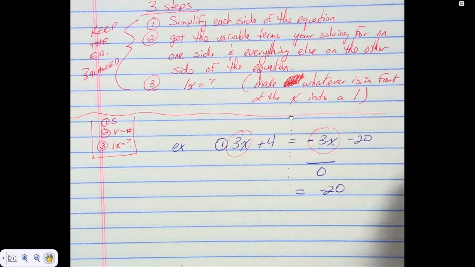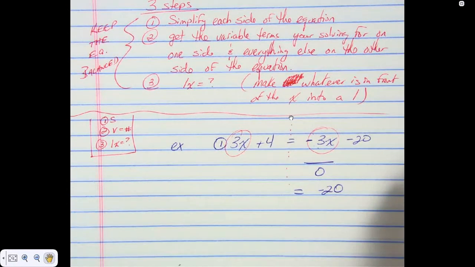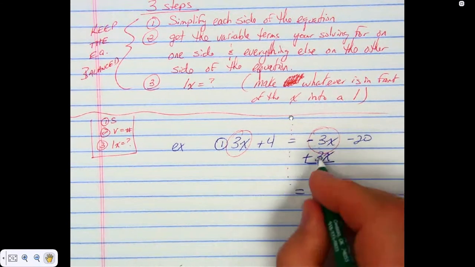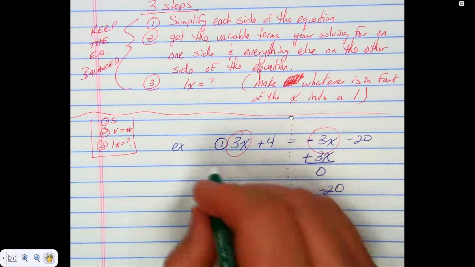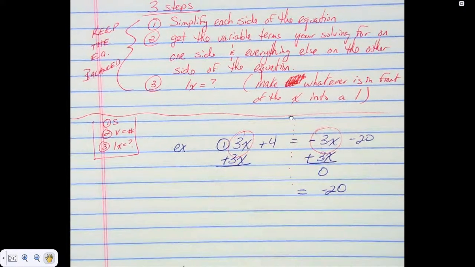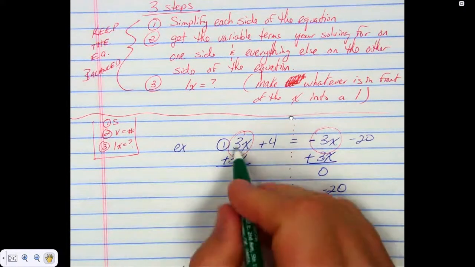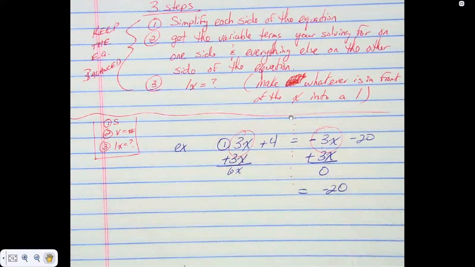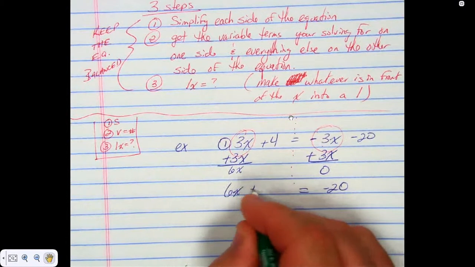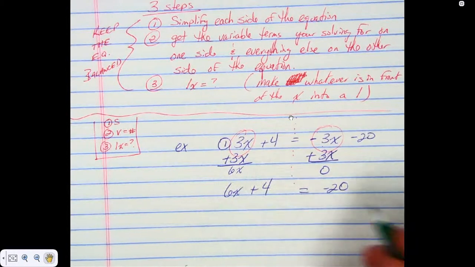What do I add to 3x that makes it into 0? Add a positive 3x. If I add 3x on this side, though, I have to add 3x on the other side. The reason I put it under here is because they're like terms. So what I'm left with on the left side is 6x plus 4 is equal to a negative 20.